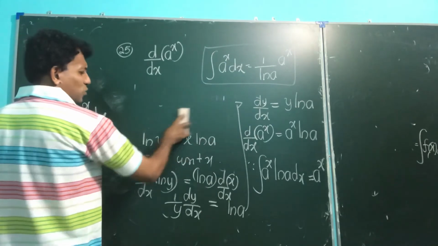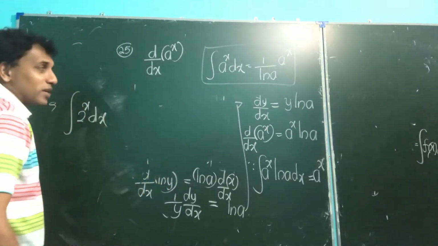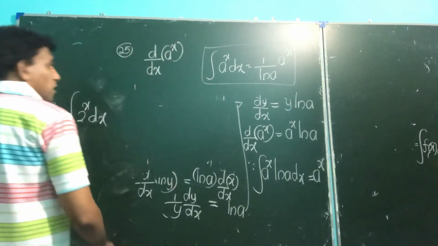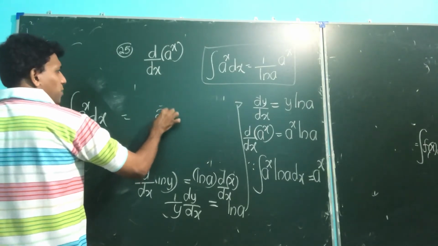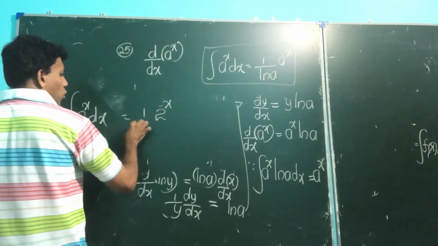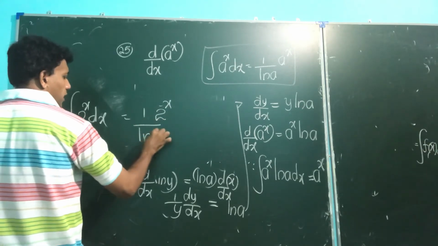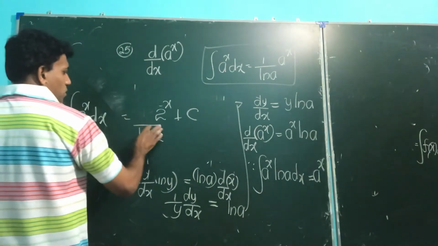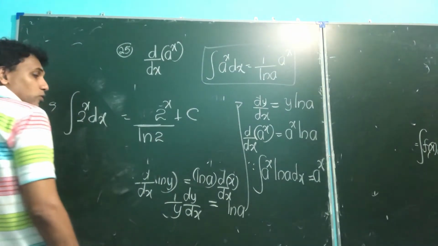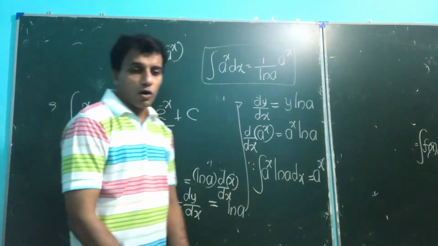So here nothing to prove from first principles. You can write the answer straight. But the a is 2, so what is the answer? 2 to the power x, 1 over log 2, plus c, right? I can write straight like this: 2 to the power x over log 2 plus c, right?